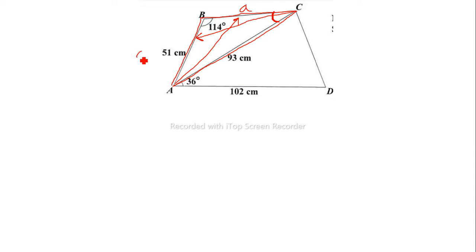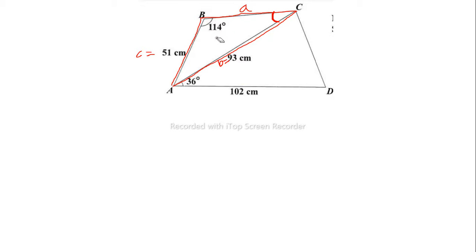And if this is capital B, then the corresponding side is going to be small b. Okay. And so that's important. So we have them all labeled. Now we are going to use the sine rule carefully. I want to move these angles, just move this right there.